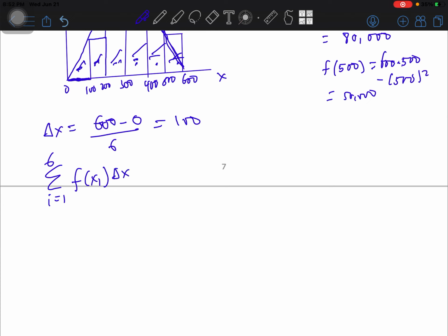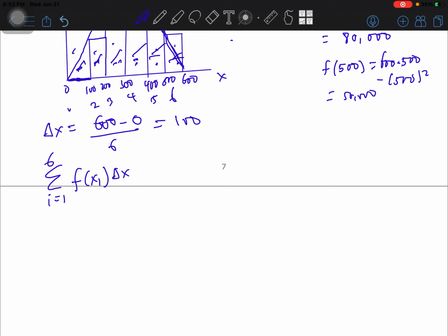When they say 6, don't assume that we need to bring this 600 as part of the equation, because we started at 0. If we started at 100, then it should have been 100, 200, 300, so that 600 would be included. But we started at 0, so 0 is counted as part, so the approximation will be 0 should be 1, this one should be 2, 3, 4, 5, 6. So the number of intervals has finished. If you use the rectangles, I think you'll be clear of it. The rectangles here, 1, 2, 3, 4, 5, 6. That one will make a little more sense.